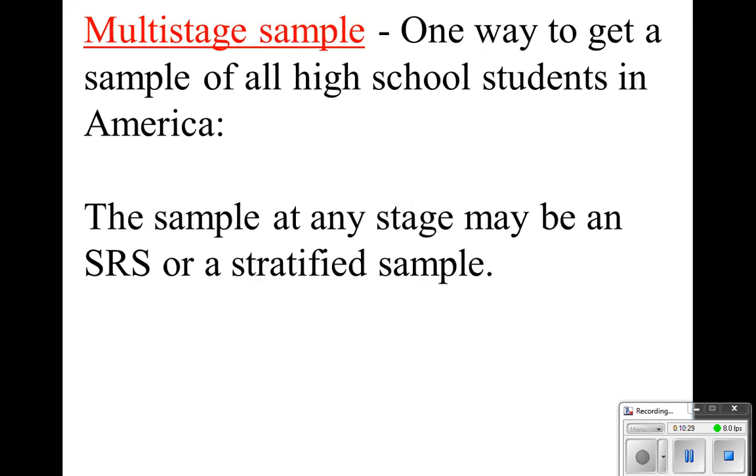And the sample at any stage could be a simple random sample or a stratified sample. But that's called a multi-stage sample because you're just kind of narrowing it down. You start out with all the counties, but then you narrow it down to some schools. And if you have a large enough sample, then you're going to end up with some rural schools and some urban schools, so you have a variety of schools. Or you can even stratify it, and you could say, I'm going to choose so many urban schools and so many rural schools and that kind of thing.